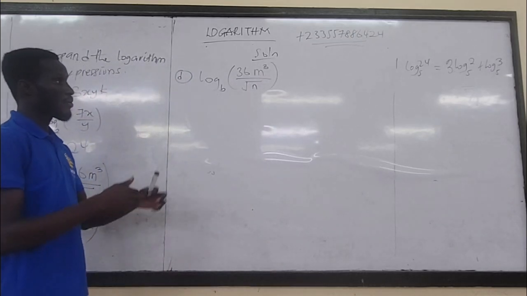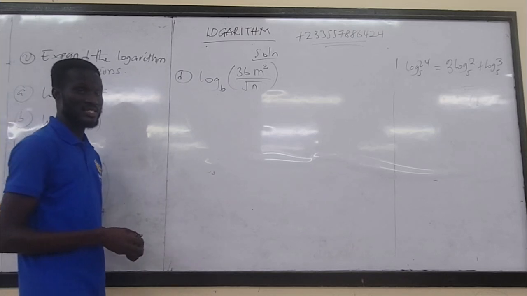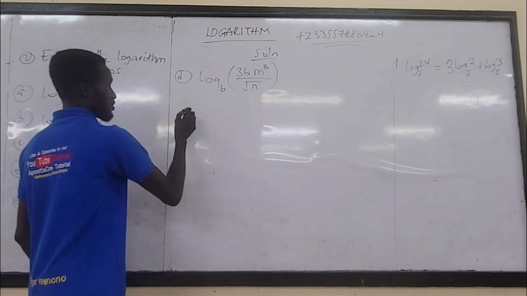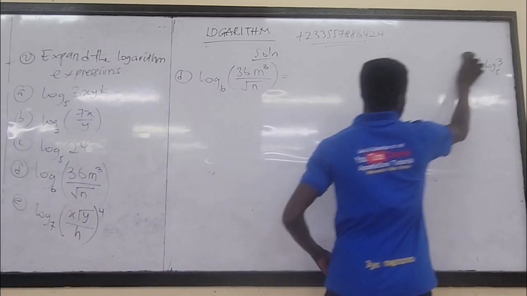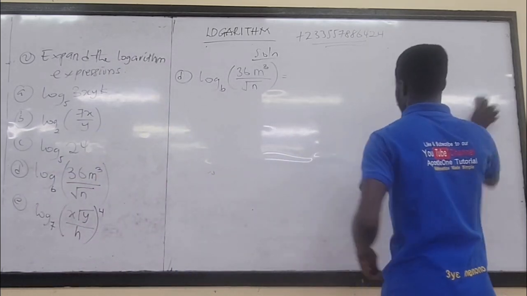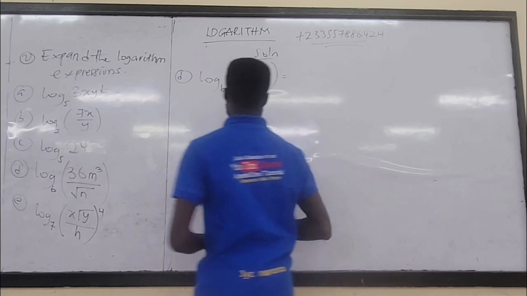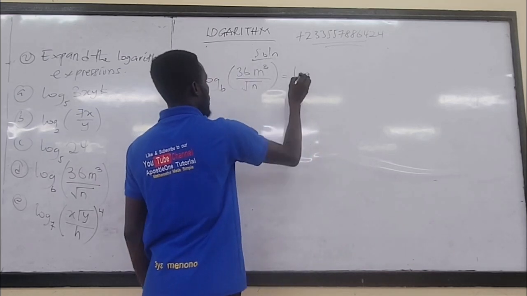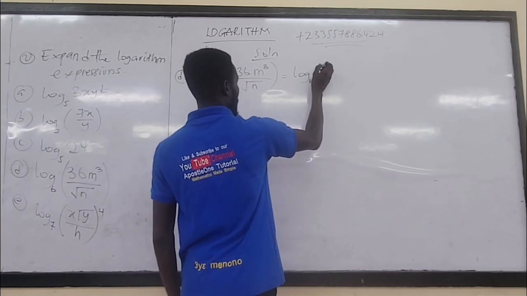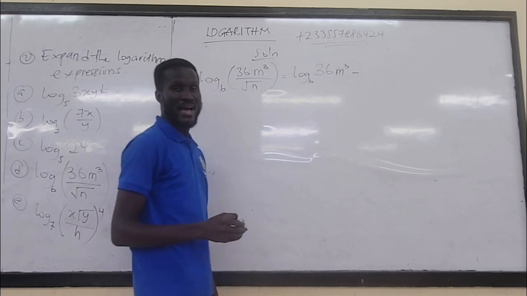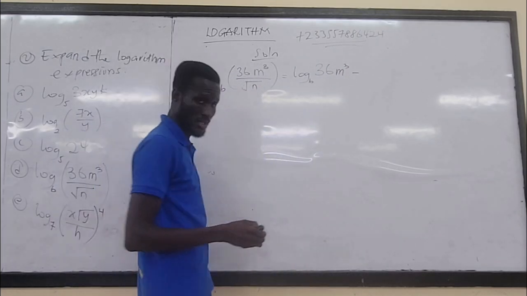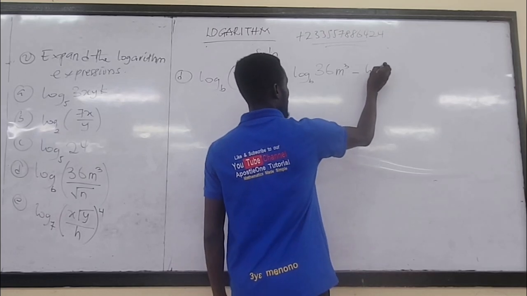For the first thing, I'll talk about the division, which is subtraction, so I will separate them. So this division means subtraction. So I'll have log base b of 36 m exponent 3, then minus log of the denominator.